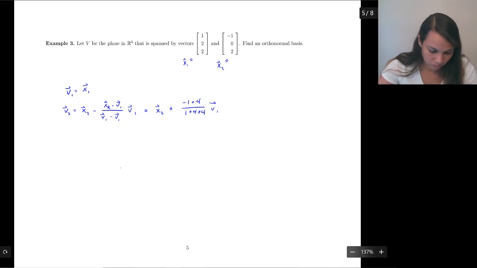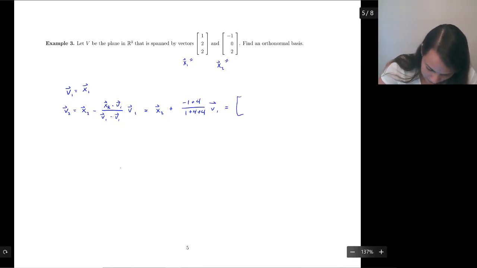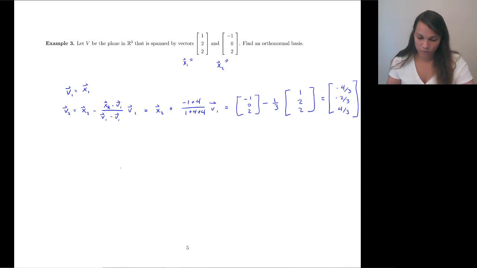Okay, so plugging in our vectors and simplifying, that's going to look like -1, 0, 2 minus 1/3 times V1, which is 1, 2, 2. And then the result is going to be a bunch of fractions. Ugh. -4/3, -2/3, +4/3. There we go.